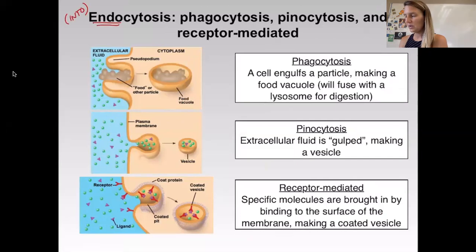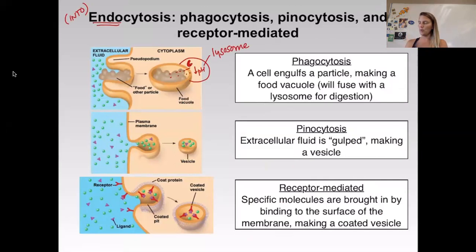And phagocytosis is when a cell engulfs a particle, making a food vacuole, which will then fuse with a lysosome, right? Remember, low pH, lots of enzymes, which will then be released and start digesting that food, right?